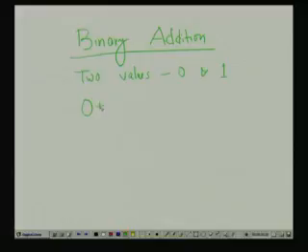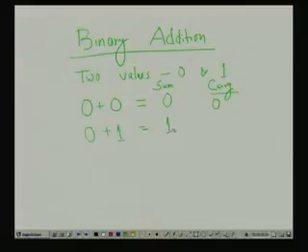One is 0 plus 0, and we define the sum as 0, and from our normal sense the carry is also 0. That means if we add 0 and 0, the sum is 0 and the carry is also 0. Now, if I add 0 and 1, then the sum is 1 and the carry is again 0.